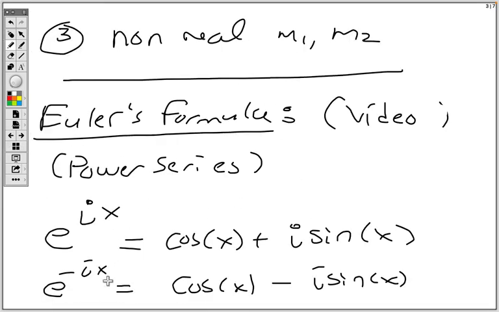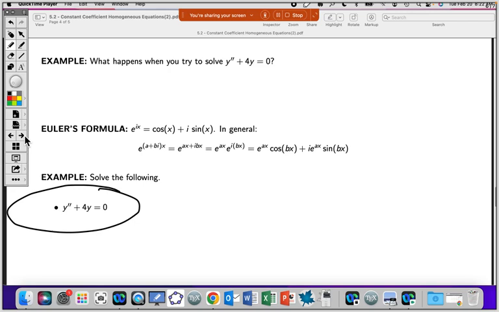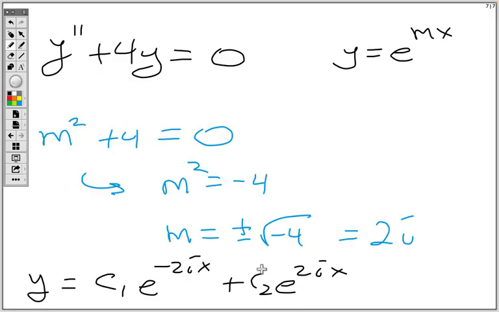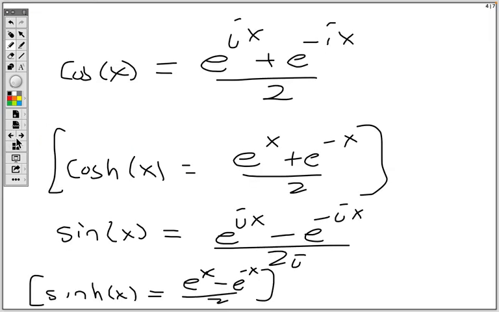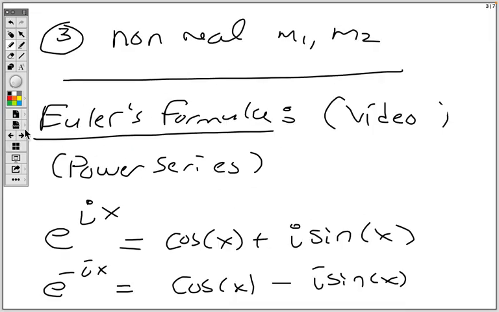So Euler's formula says that these complex exponentials are linear combinations of sines and cosines. All right. And so if I go back to my Euler's formula here, if I had some real number in there, let's say we had a b in there, then I could rewrite this as i times bx, and the b would come into here.